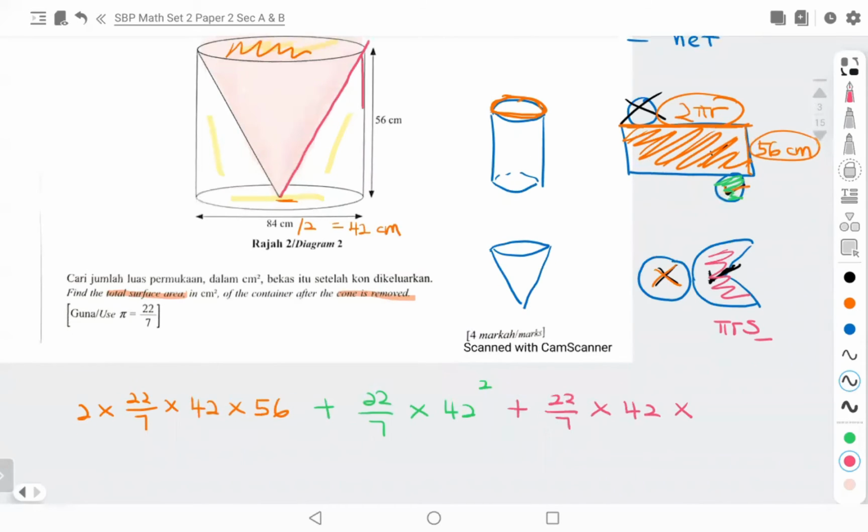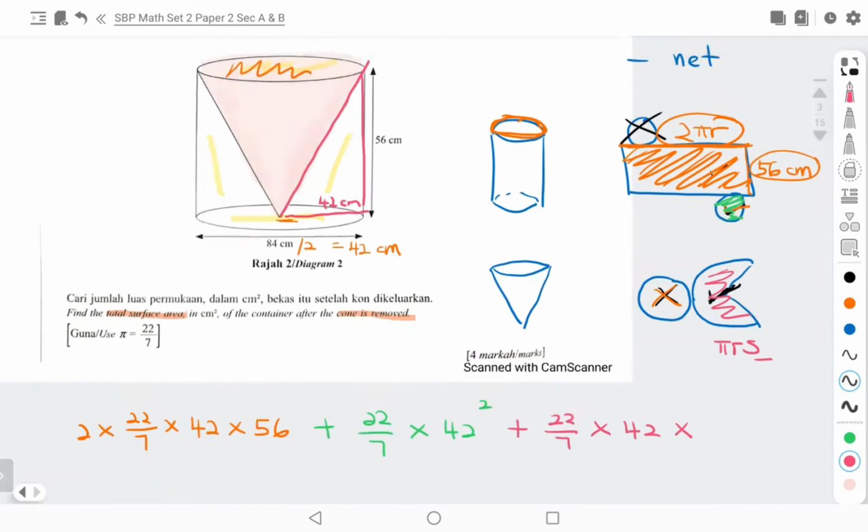So you can use the theorem of Pythagoras. 56, 42, then you find out the hypotenuse. 42 square plus 56 square, then you square root the answer. It should be 70.